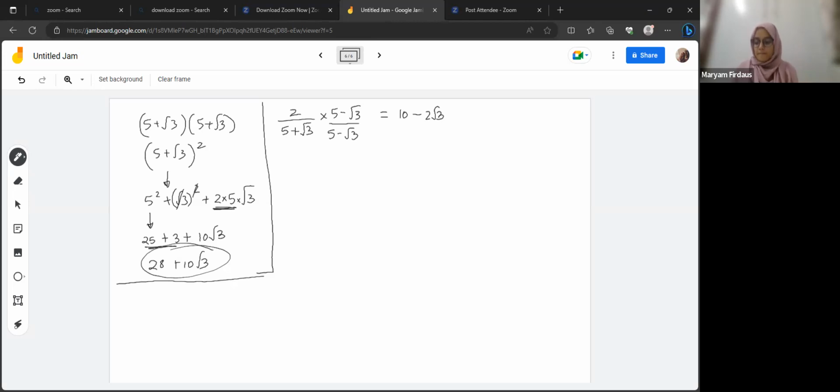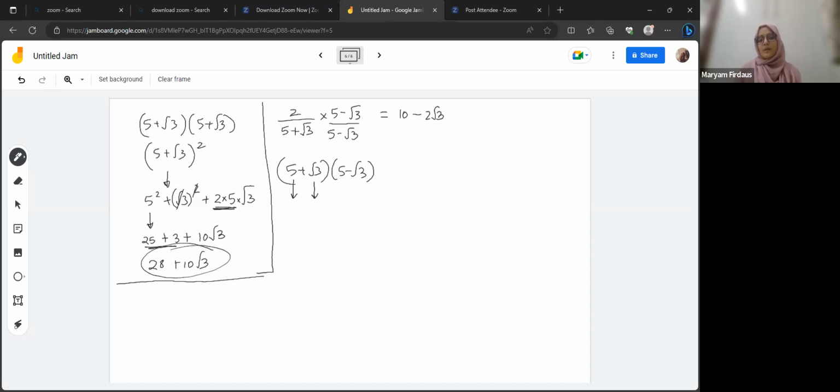Ma'am, then we'll add 5 plus 5. Why will we add them? This is 5 plus root 3 multiplied with 5 minus root 3. How will we add them? Yes, we'll multiply 5 into 5. Which identity do we have here? 5 plus root 3, 5 minus root 3. Does that remind you of some identity?